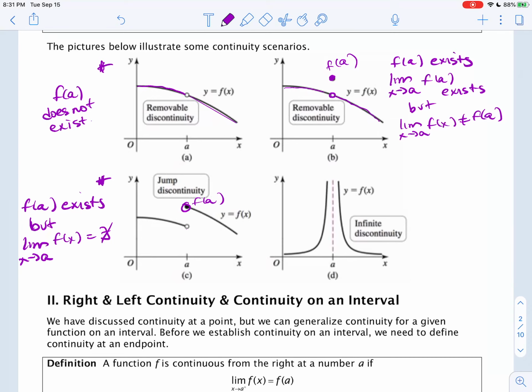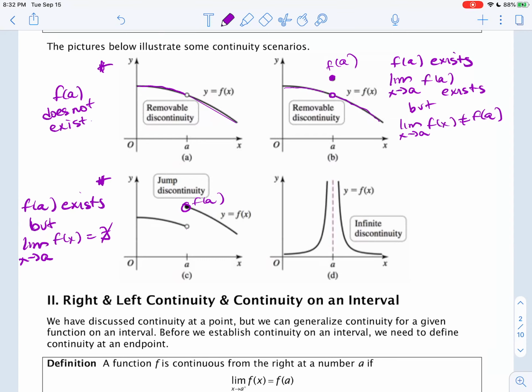You will learn in the next 10 minutes or so that this function is continuous from the right because it follows the 3 criteria for limits from the right, but it is not a 2-sided continuity, and so it's not continuous really at x equal to a. It's only continuous from the right.